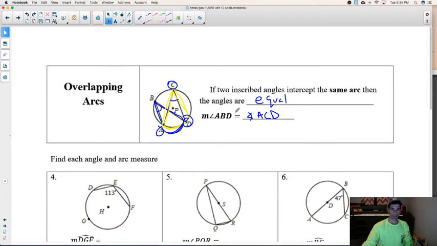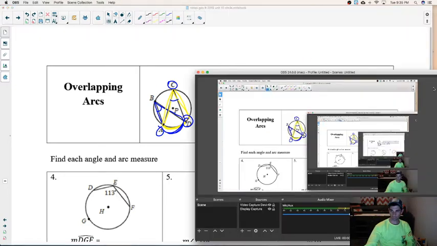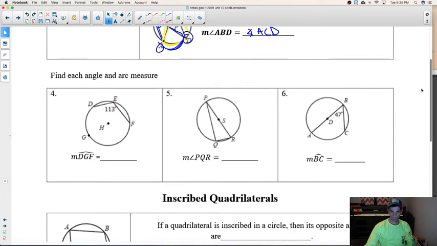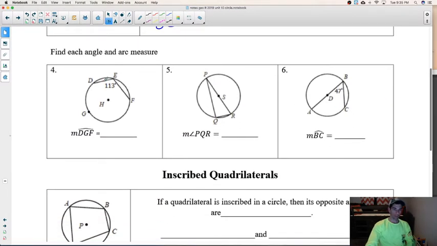All right, so now let's do some practice with this. Remember, you're going from angle to arc, double it. You're going from arc to angle, half it. All right, here we go. Angle to arc. So if he's 113, 2 times 113 is 226.